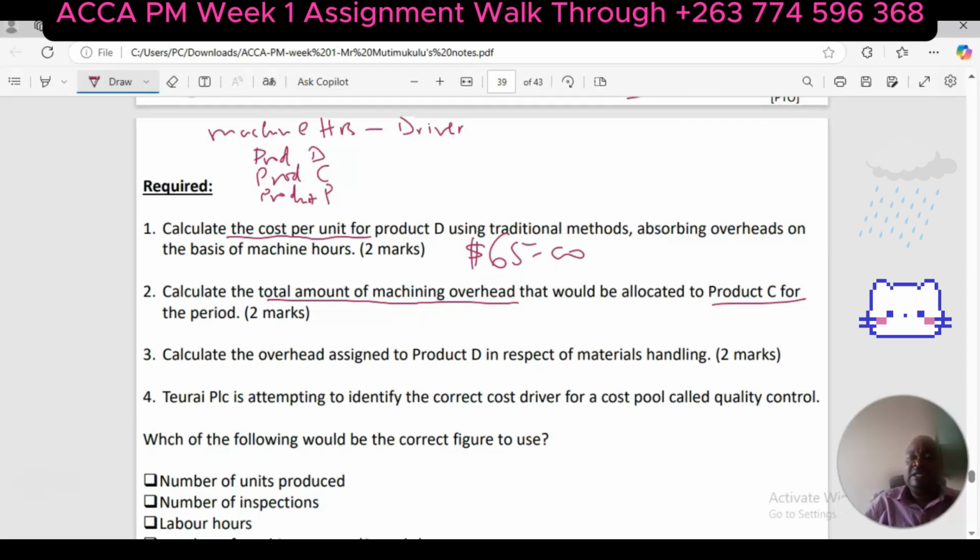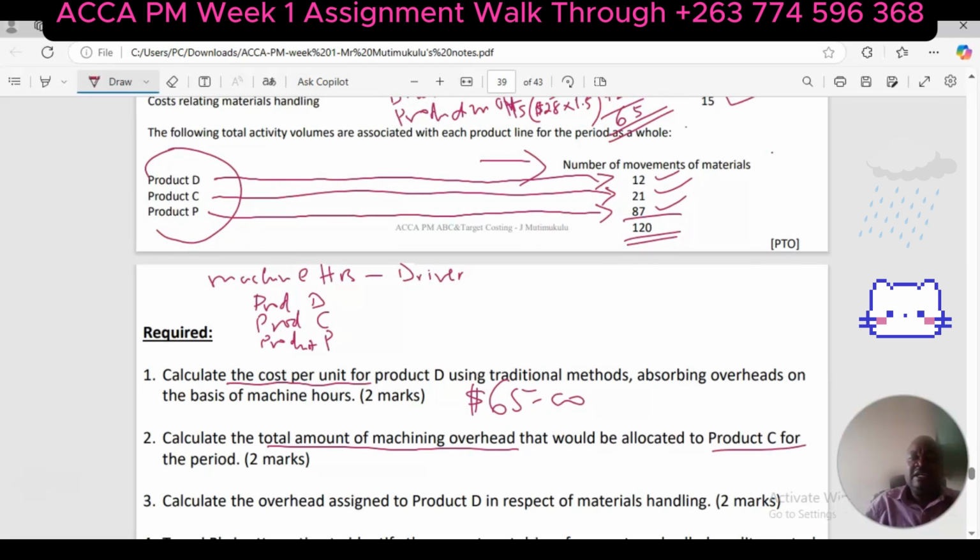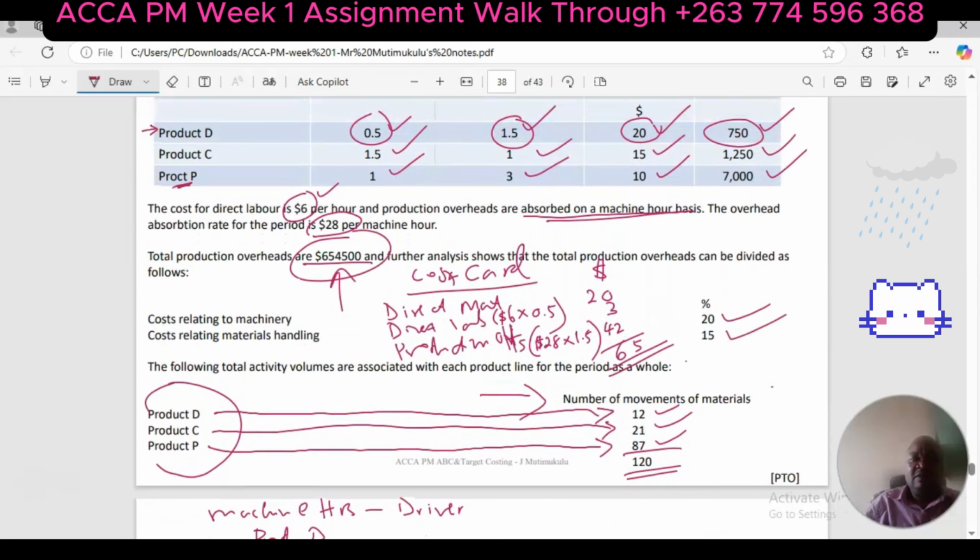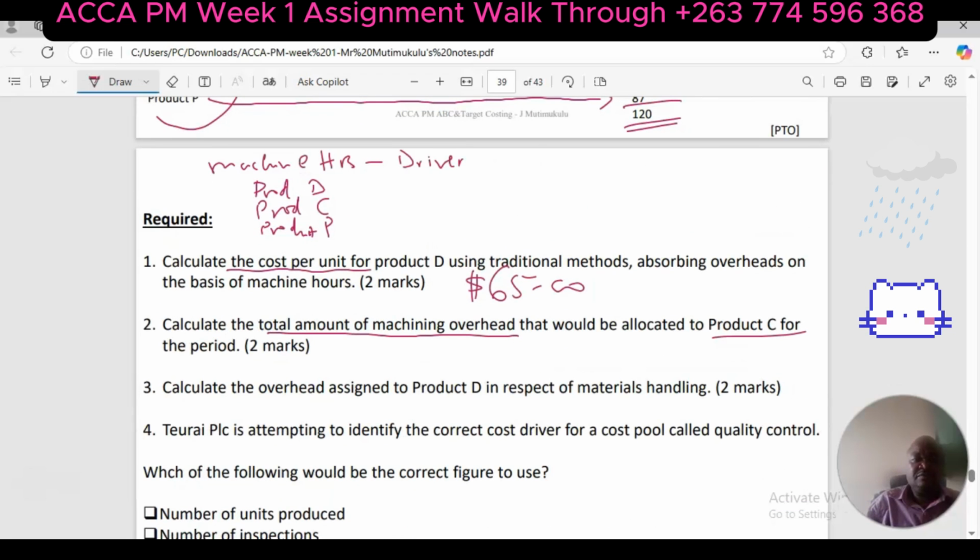These products require different hours, and the information on machining hours is given. So 1.5, 1, and 3. Those are the hours per unit.